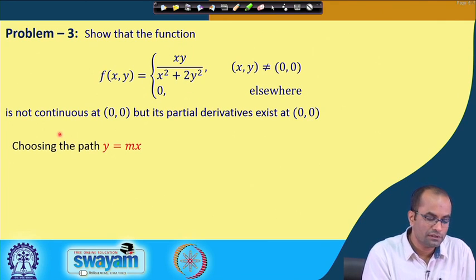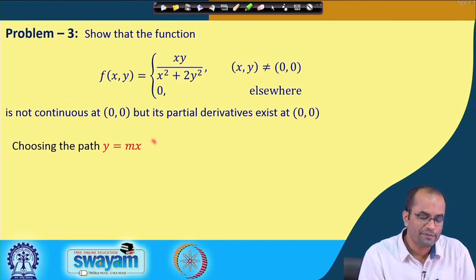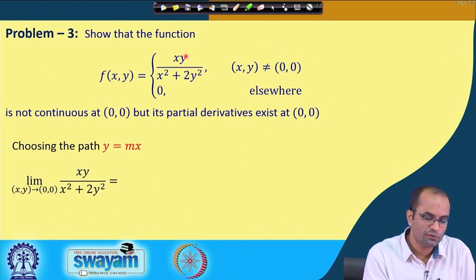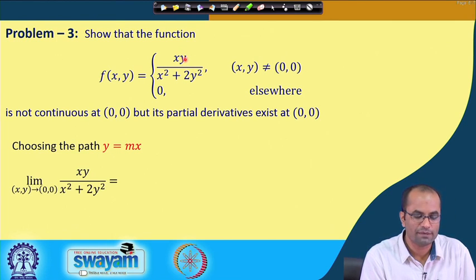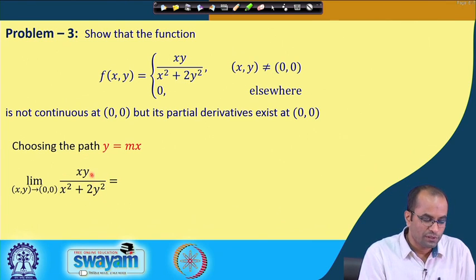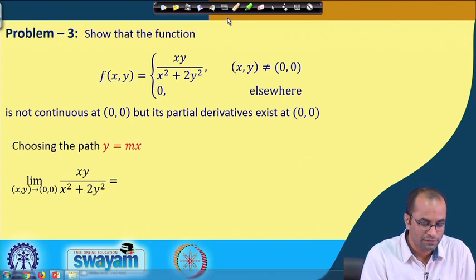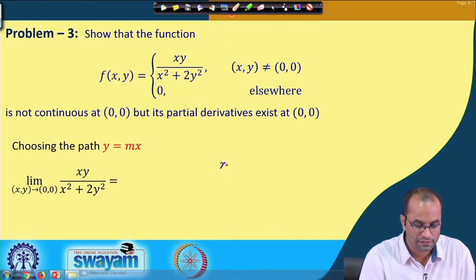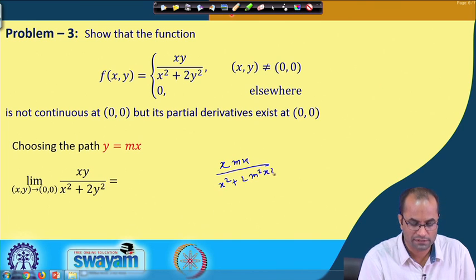If we choose the path y equal to m x, then because y is equal to m x here and also here, we get x square here, x square here, and x square here also. So, we have x, and then y is m x. So, we have x square and 2 m square x square, and then the limit as x goes to 0.